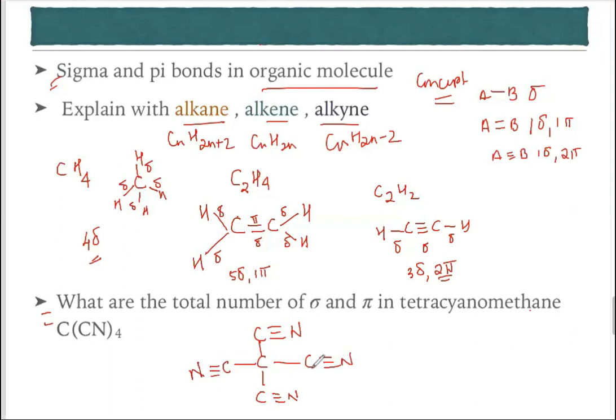I think it is very clear now. How many sigmas are there? This one is 4 and 1, 2, 3, 4, so total 8 sigmas. How many pi? Here it is 2, 2, 2, 2. So how many 2's are there? 4, so that is 8 pi.